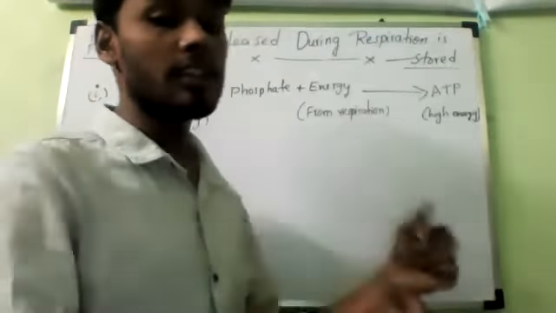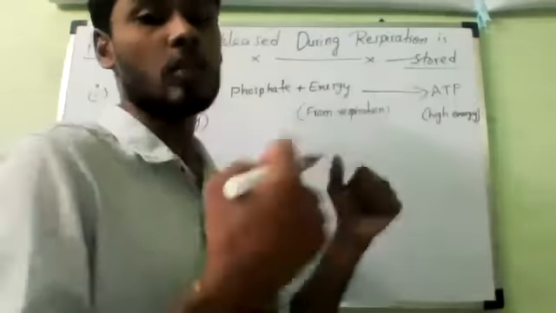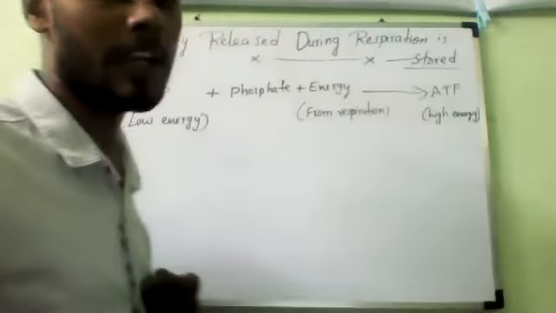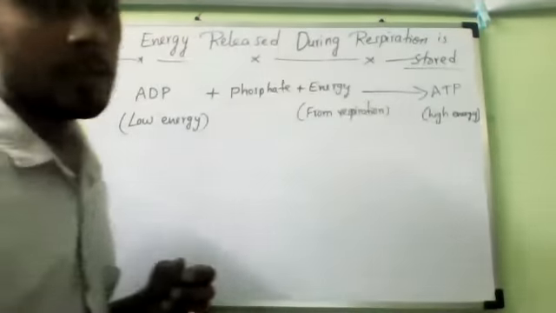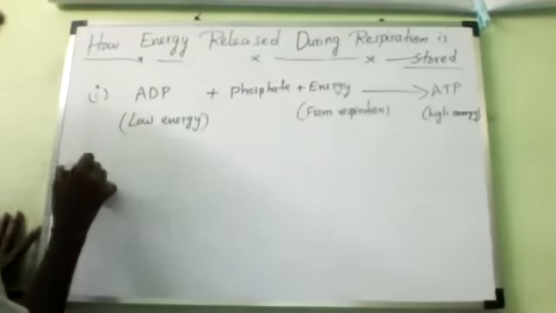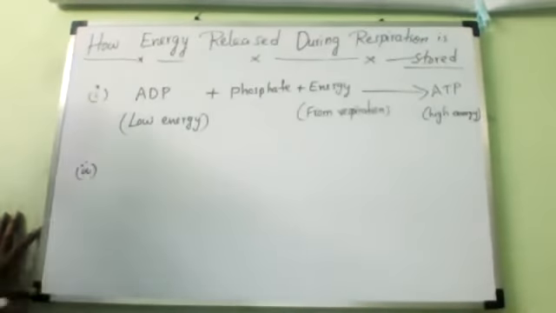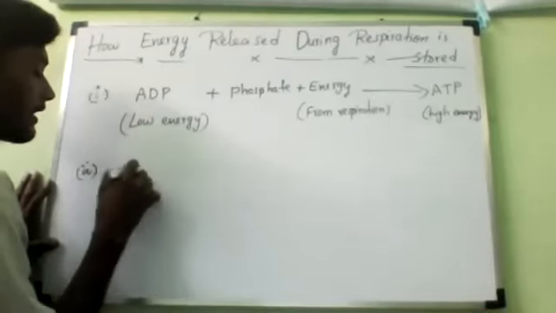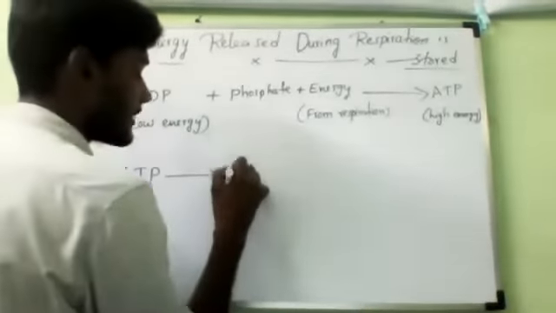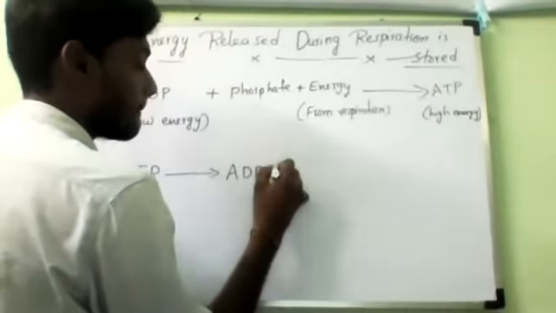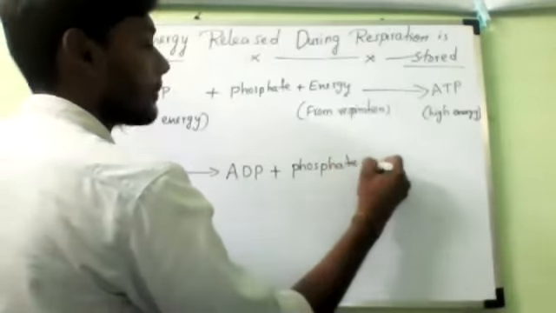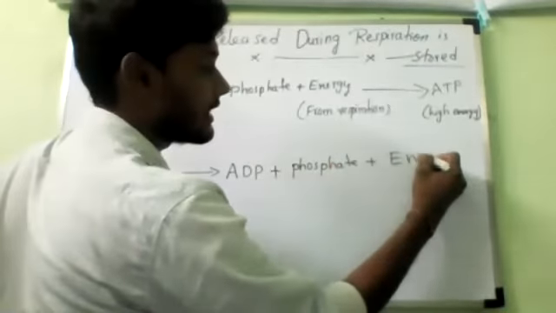Now the energy is stored in the form of ATP. Whenever my cells require energy, this ATP is broken down using water to release energy. That is the step 2 process. ATP, with the help of water present in our body, is released into ADP plus phosphate plus water plus energy.